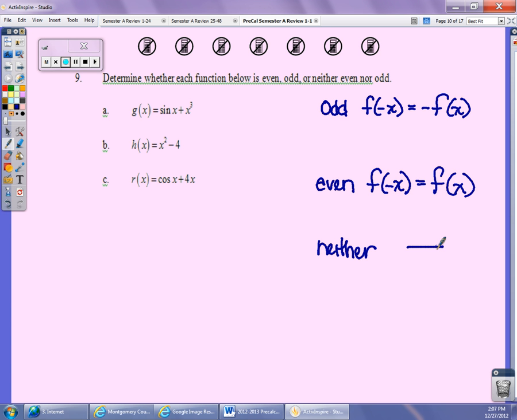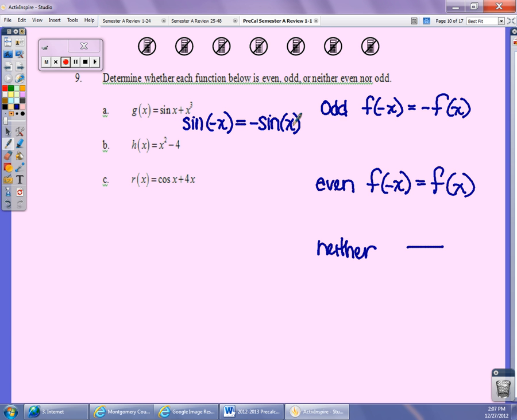And if you think about the sine function, we know that for a sine function, the sine of negative x is equal to negative sine of x. Okay, we know that to be true of our sine function. We know that it is an odd function and that it is symmetric with respect to the origin.